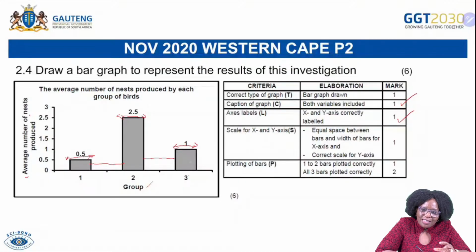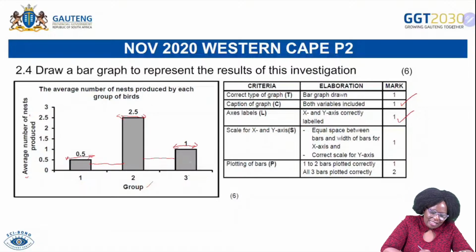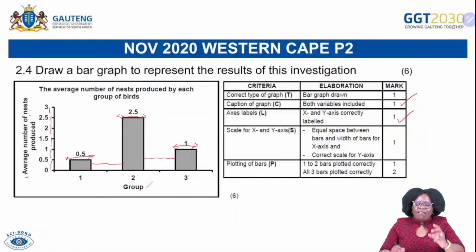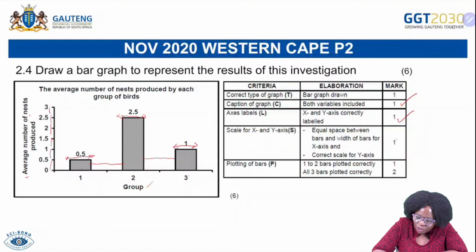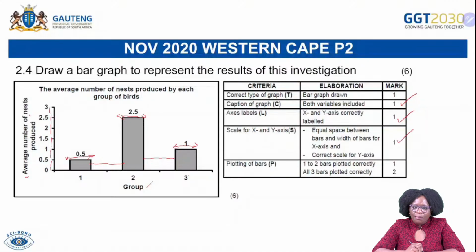The y-axis as well, the scaling is exactly the same. From 0 to 0.5 is the same, and just like that, as we carry on, you can see the spaces and the intervals are the same in order to get your 1 mark for scaling. Then plotting of bars, 1 to 2 bars plotted correctly, you get 1 mark. All 3 bars are plotted correctly, you have your 2 marks.